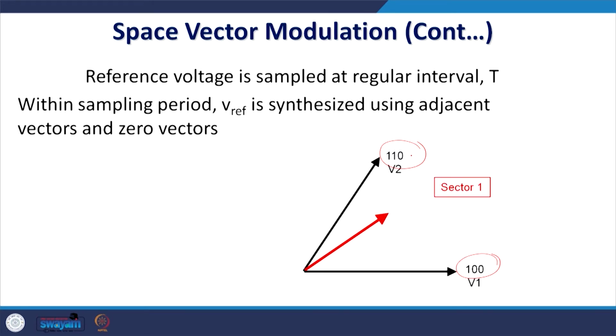Now, let us assume that this is the instantaneous voltage vector required to be generated and it is in sector 1.